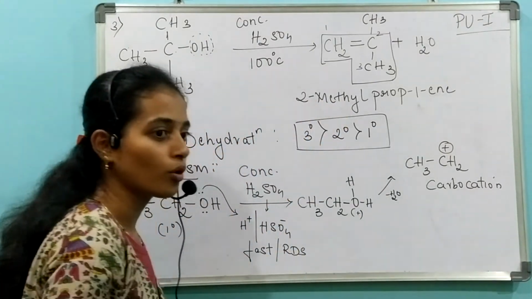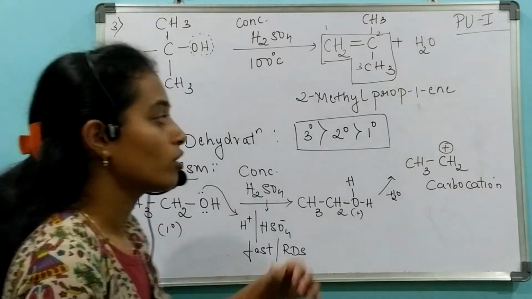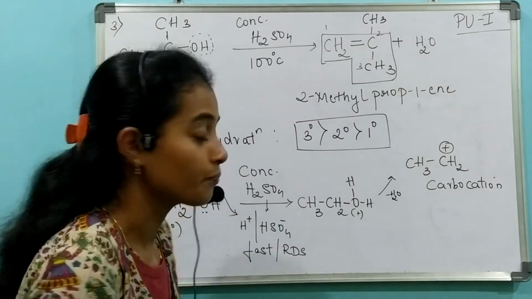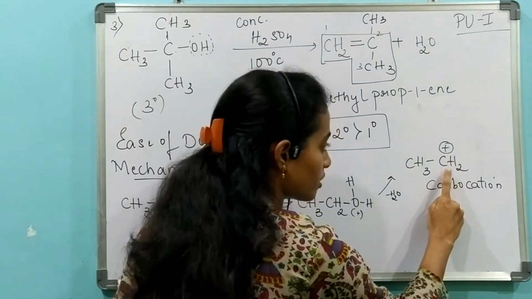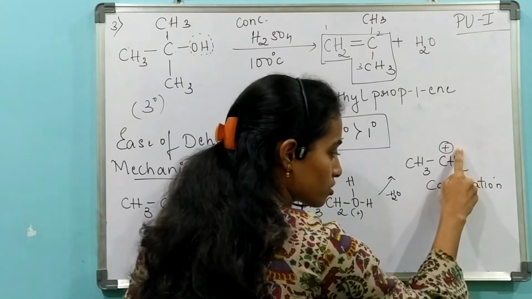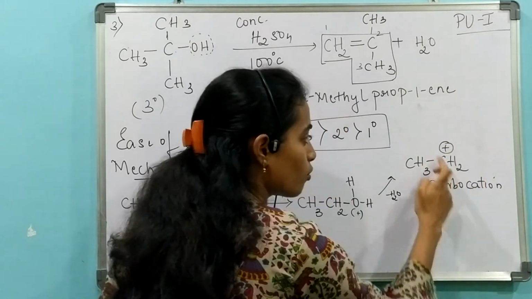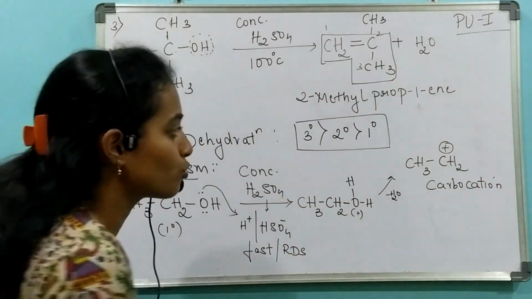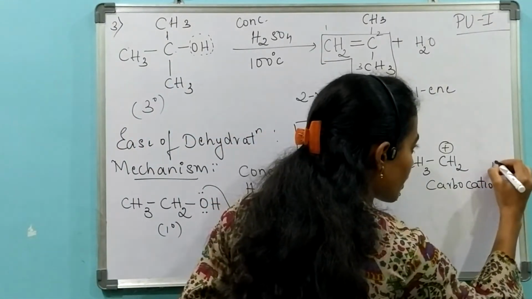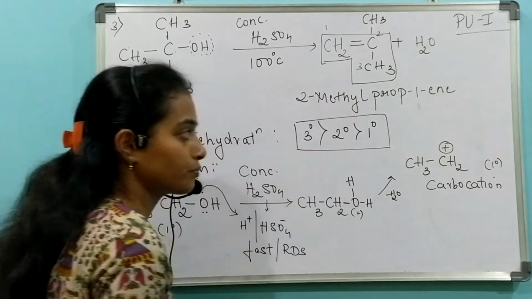What kind of carbocation you are preparing, depending on that, the rate of reaction depends. Here we have formed the primary carbocation. The carbon which is having the positive charge is having only one methyl group attached to it.